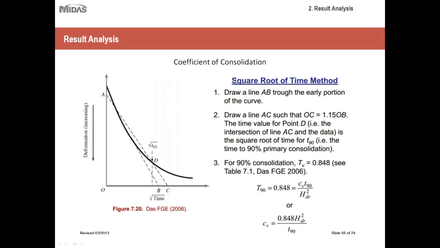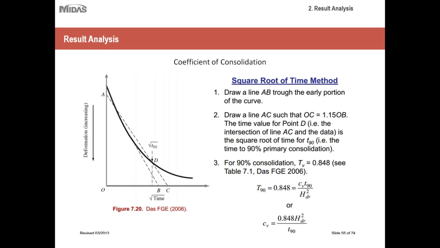And then for the square root of time method, here you have your deformation increasing, going down, versus the square root of time, and then just using this method, you'd be able to get your coefficient of consolidation. And also keep in mind once again that you'd still have to refer to a table for your T sub V values. So it'll depend on 90, 80, etc. % consolidation.